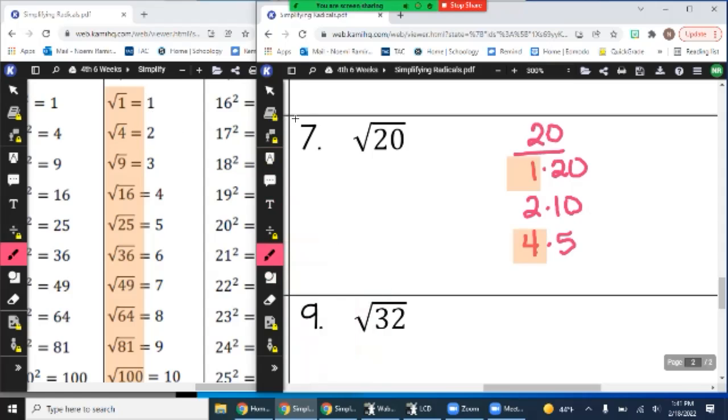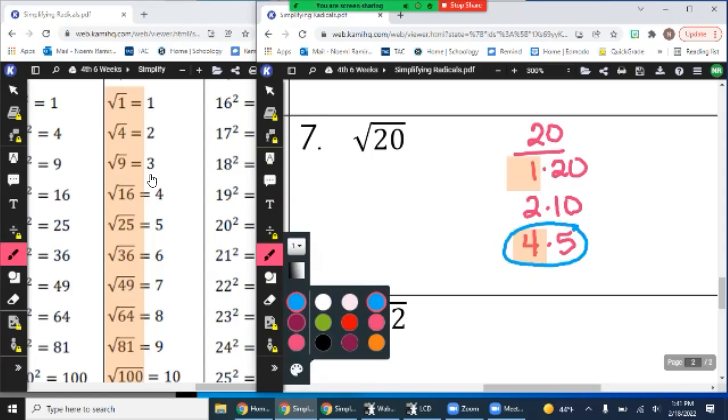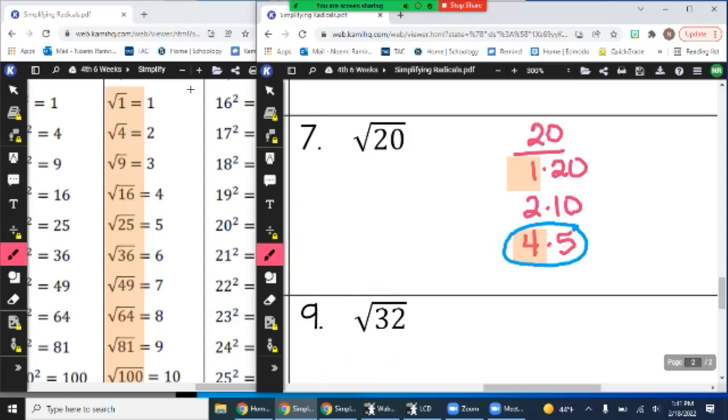And which one do we pick? 4. Which one do we put in the front? Square root of 4 times the square root of 5. Now the square root of 4 is 2, and bring down the square root of 5.